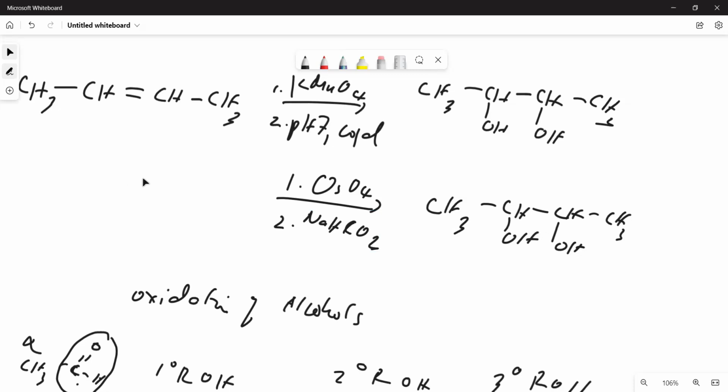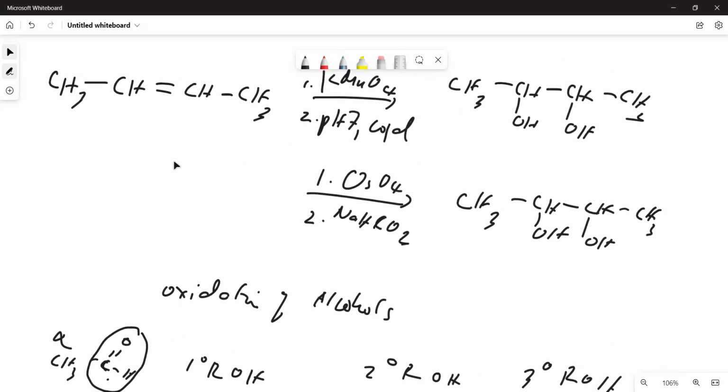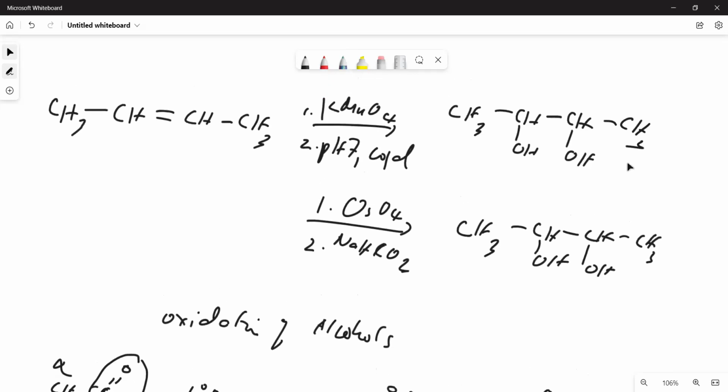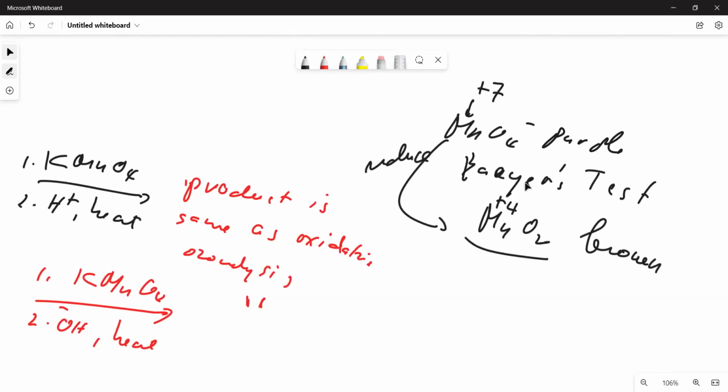Okay? Now in the laboratory setting, the use of potassium permanganate as an oxidizing agent is what you call Bayer's test. Okay? And how would you know that oxidation proceeds? Because permanganate is purple.